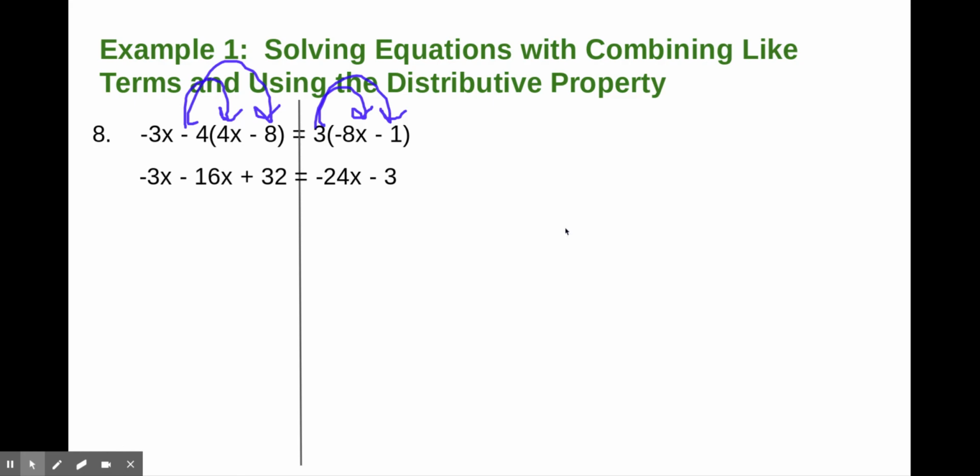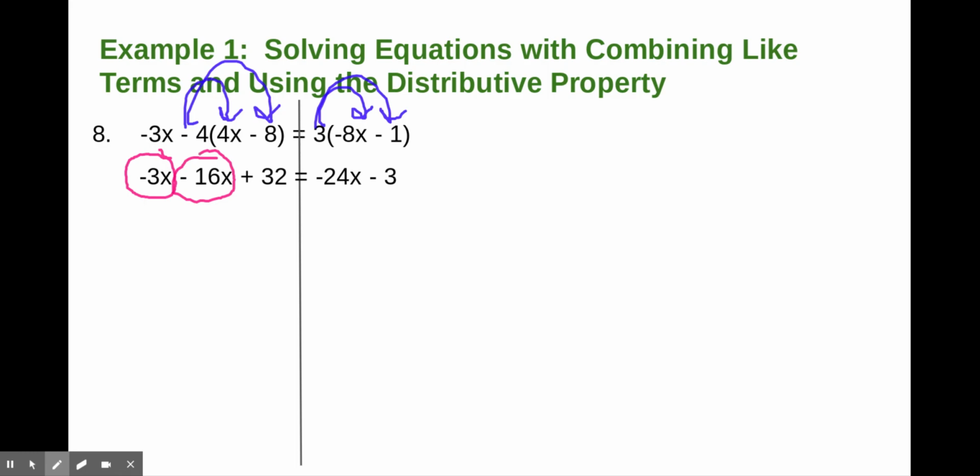At this point, you can see that you have 3 terms on the left side, and I need to combine something here. So what am I allowed to combine? I see that I have 2 terms that have a variable on them: a negative 3x and a negative 16x. I want to combine those. Is there anything else I can combine?